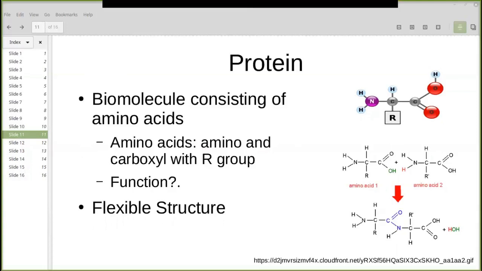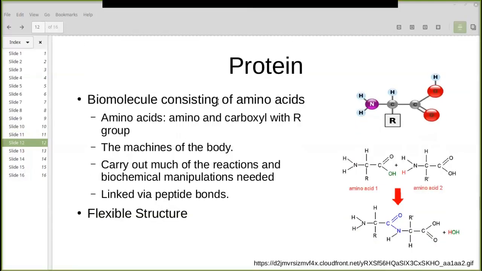I was gonna say their shape determines their function, their biological function. Can you give me like one function? Just like shoot in the dark. Like movement, signaling, or. Yep. So okay.